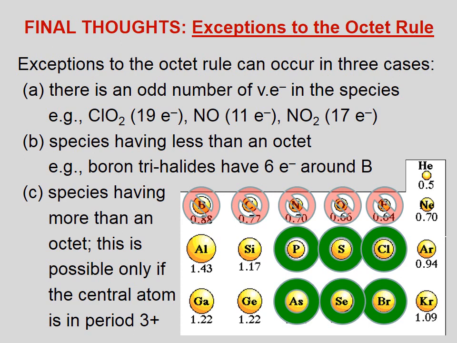And C. Species having more than an octet. This is possible only if the central atom is in period 3 or higher. In this diagram on the right, I've shown that the atoms in period 2 are not eligible to have an expanded octet, but the ones in periods 3 and 4 and so on potentially could.